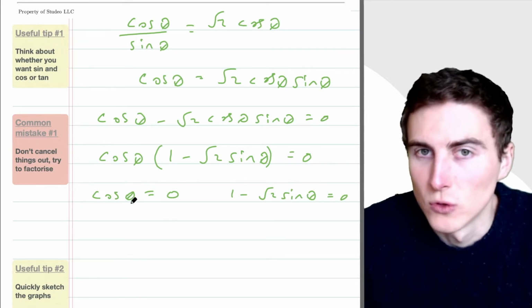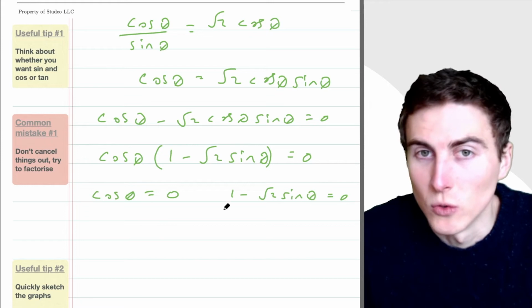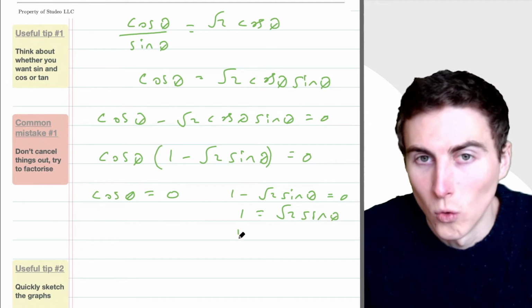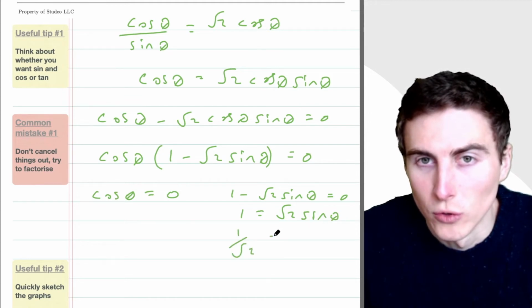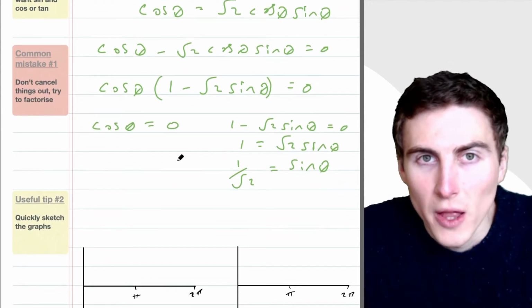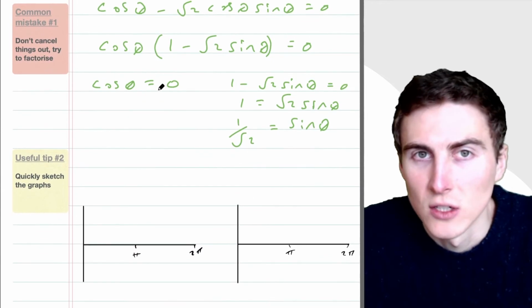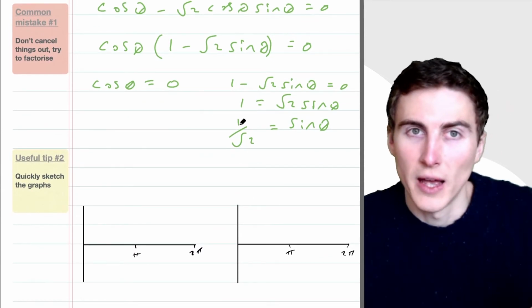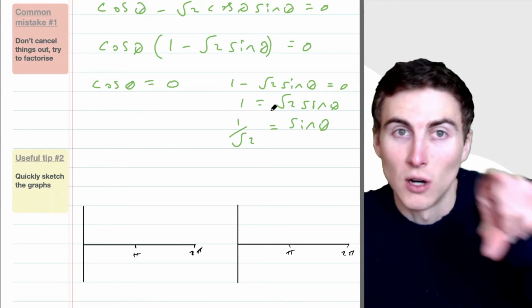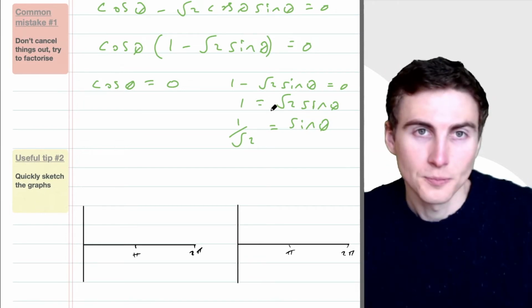The first is sorted. The second one we can rearrange: 1 equals root 2 sine theta, or 1 over root 2 equals sine theta. Then we can solve these. Remember, because they're both trig functions, they will have a graph and there will be multiple solutions.